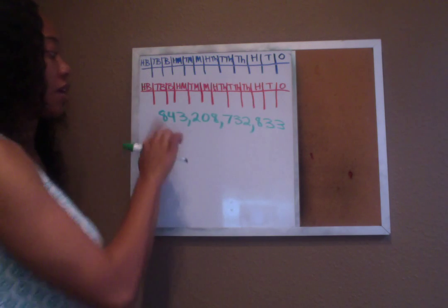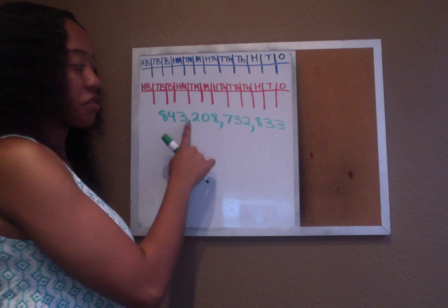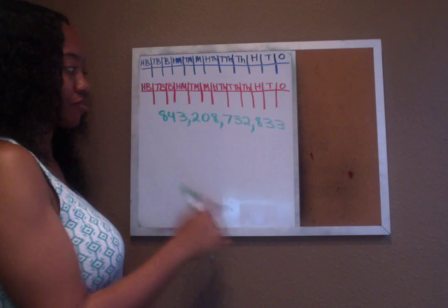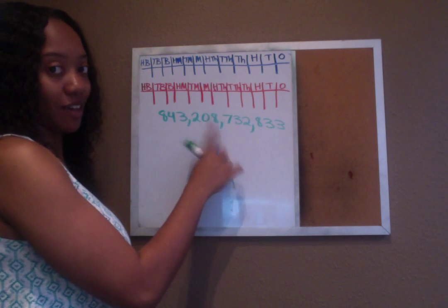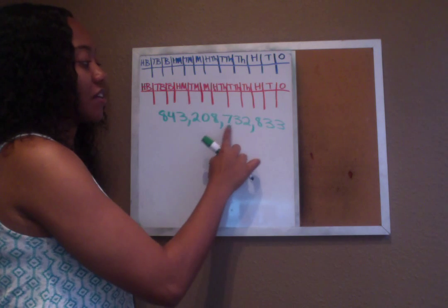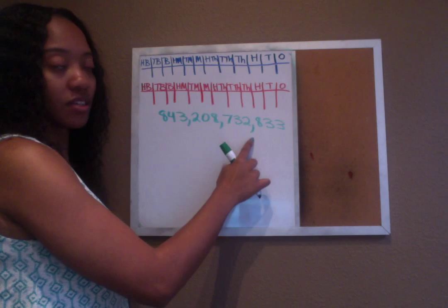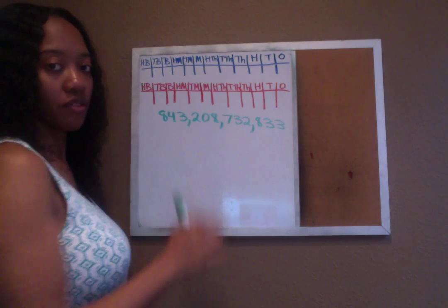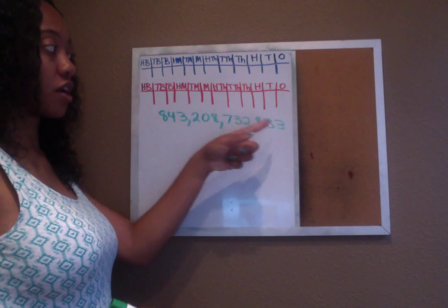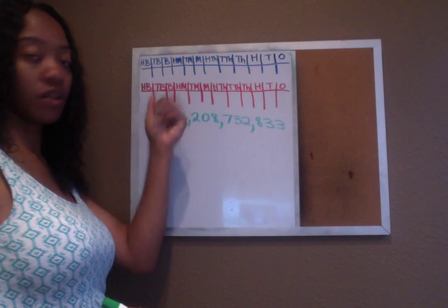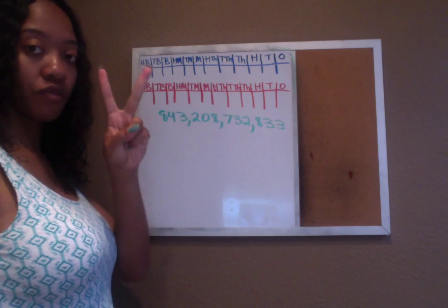Again, I will read it. 843 billion, 208 million. I almost said thousand. 732,833. If you need to, create a place value chart and plug this number in there to help you with the other two forms.